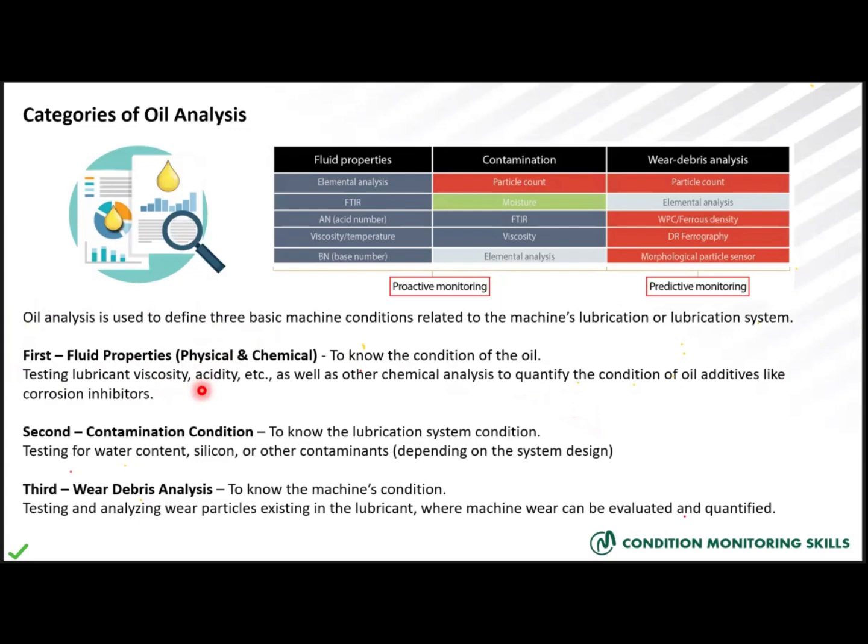And the second one is the contamination condition analysis, which are tests done to know the lubrication system cleanliness levels, if there is any water contamination, any solid contamination, and so on.